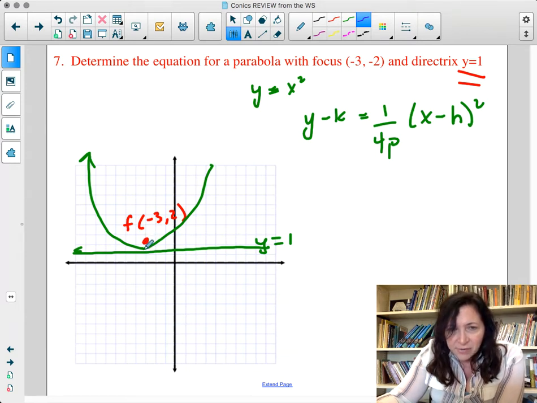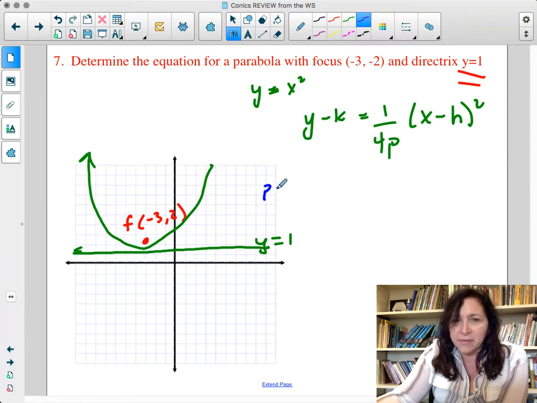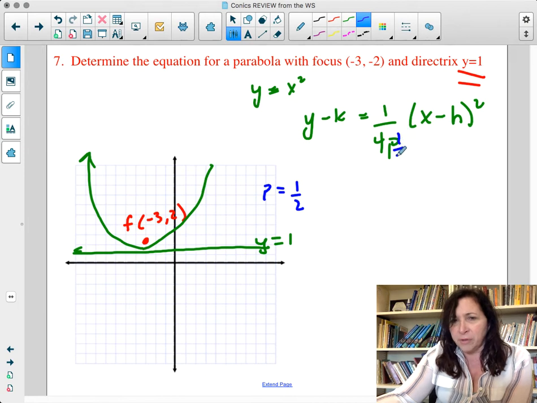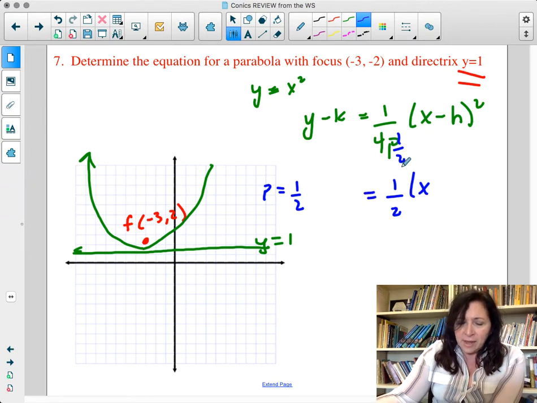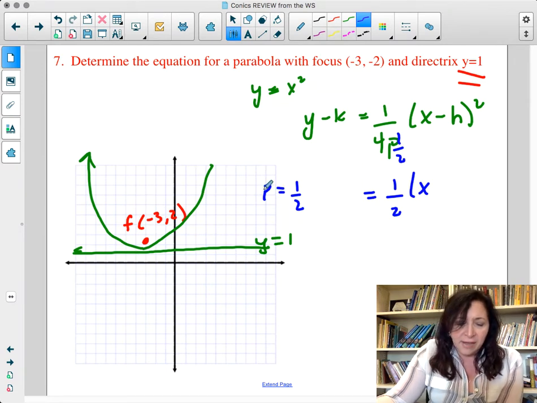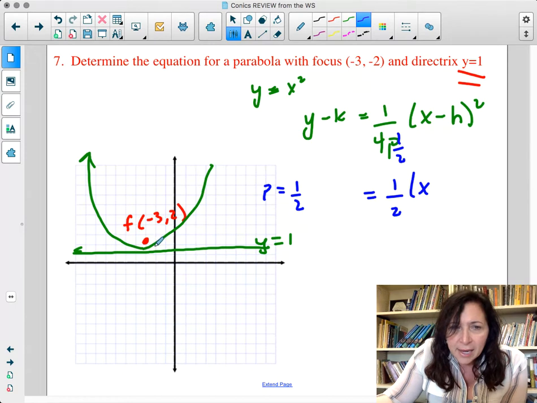My p distance, which goes from my vertex to my focus point, is going to be a half. So p is equal to 1/2. So for this value right here, if I were to plug in 1/2 here, this is 1 over 2. So now all I need to do at this point is to figure out, okay, well, how do I find the rest of this value? It looks like my vertex is at -3.